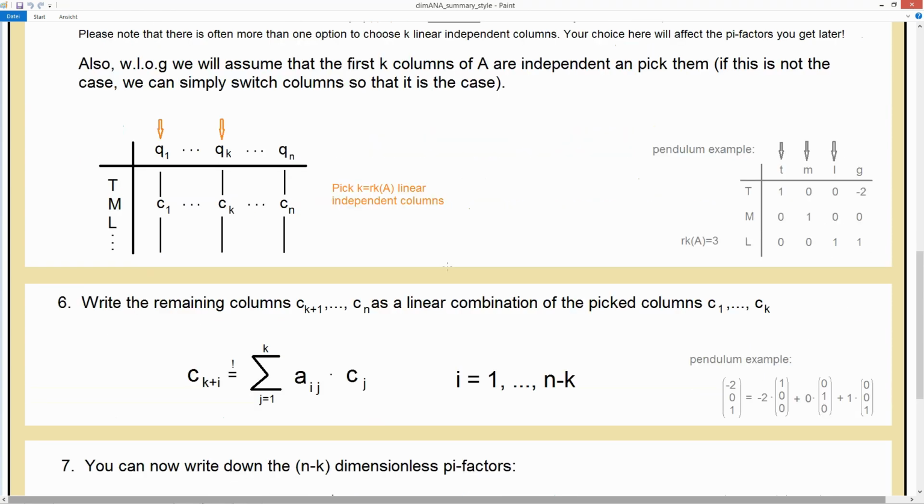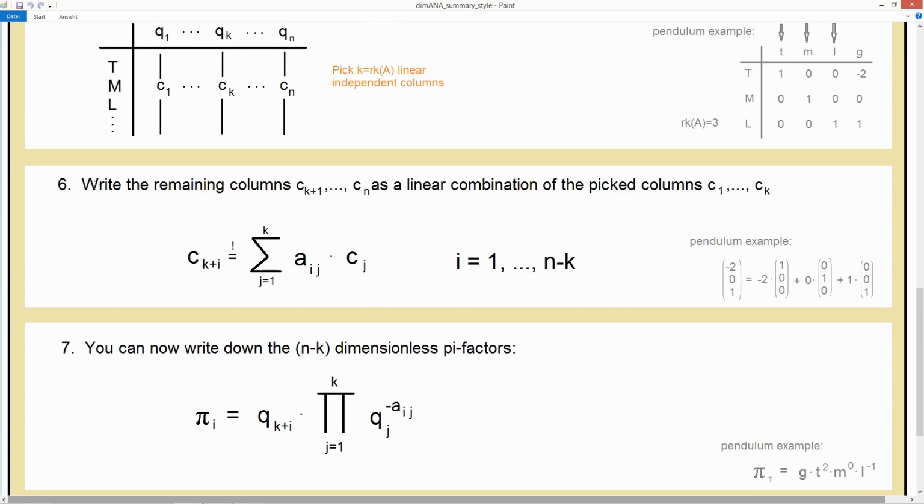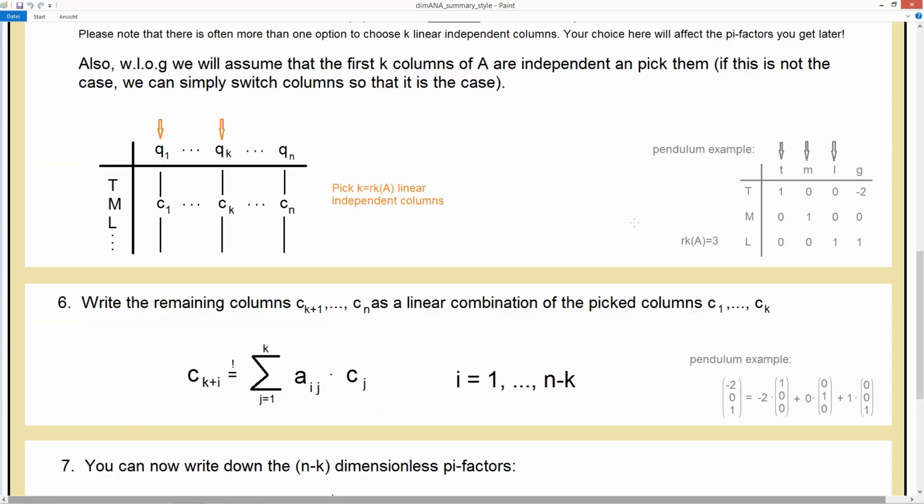In step 6, you have to write the remaining columns c_k+1 to c_n as a linear combination of the columns you picked earlier, so of these columns here, c_1 to c_k, which are linearly independent.